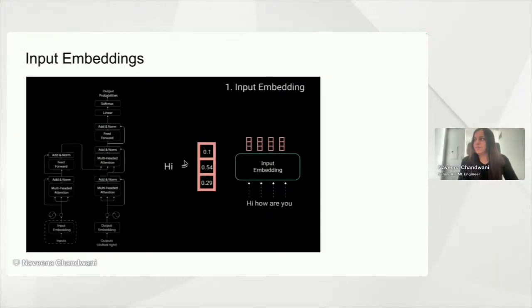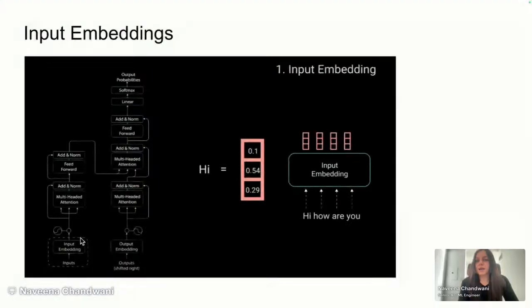Last time we drew each of these components here, and let's see how data flows through these. The first component here is input embedding, and embeddings, as we discussed, are numerical representations of a word. A word is actually broken down further into tokens. Tokens are like subwords.